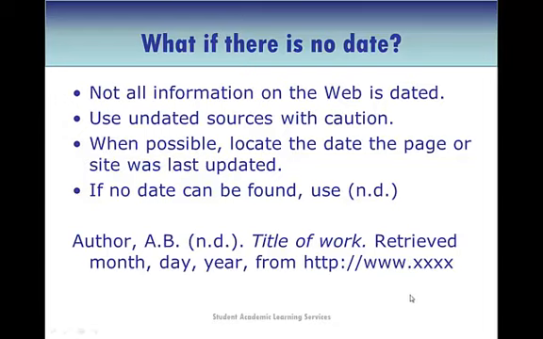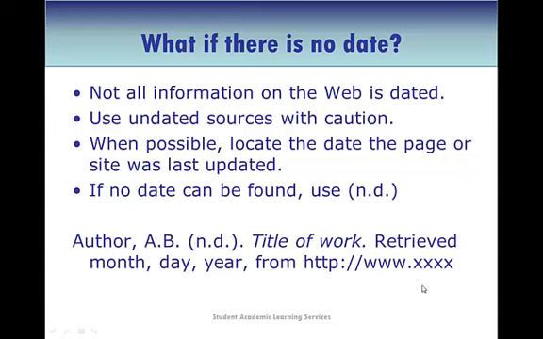Sometimes, and this happens with web material, information doesn't have a date, so you scroll down to the bottom like I suggested, you're looking for the date because you know that's important in APA, and there is no date. Be careful about using those sources, just like you want to be careful about using sources that don't have authors.